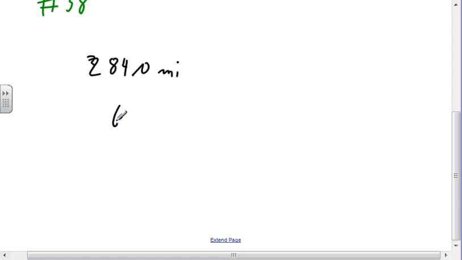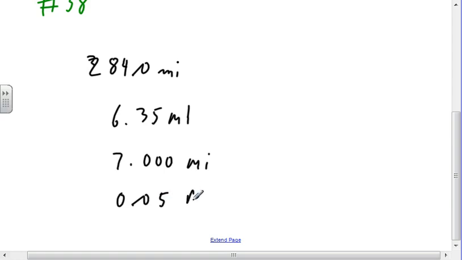We have 6.35 miles. We have 7.000 miles. And we have 0.05 miles. Okay, we'll go and make these guys a little bit prettier.